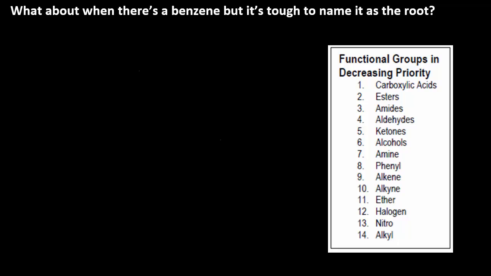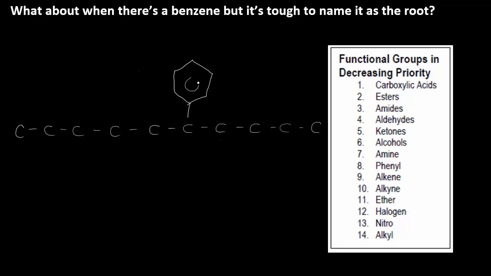Now here's an example of when benzene is kind of tough to use as the root. Here's what I mean. I'm going to put 10 carbons in a row. This is just a compound I'm making up. And then I'm going to put benzene here as a branch, or make it look like a branch.